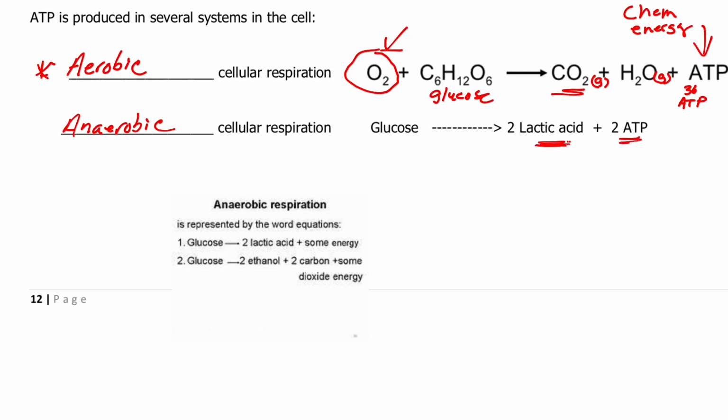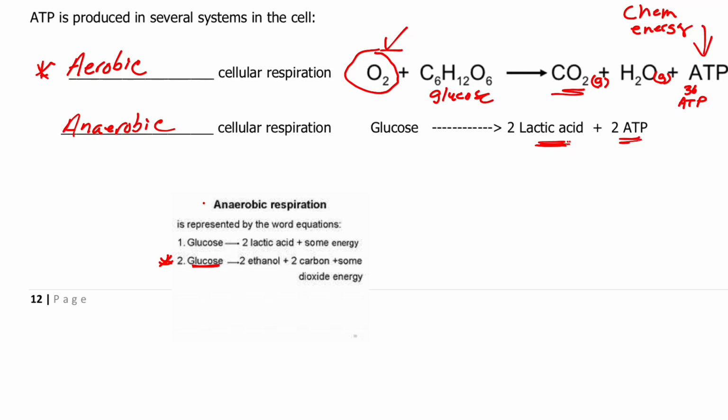If we look at this down here, anaerobic respiration is represented by the word equation: glucose yields 2 lactic acid and some energy. Now, some things like yeast, like brewer's yeast, do a different kind of anaerobic respiration.